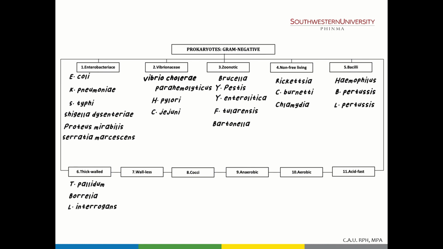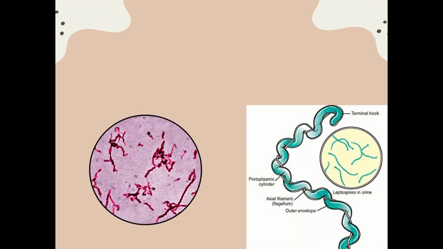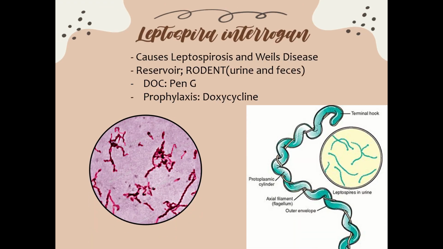Next is Leptospira interrogans, or the lettuce in our hamburger. This bacteria causes leptospirosis that comes from the feces and urine of rodents like mice.